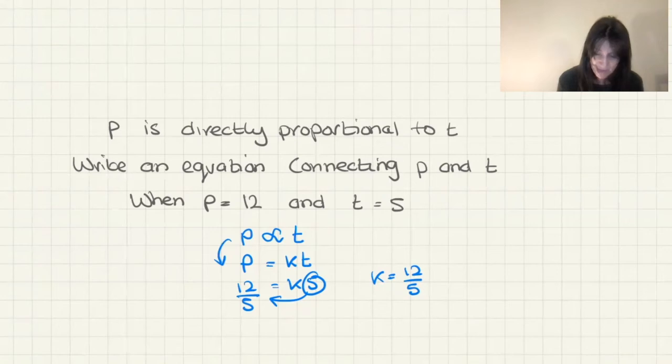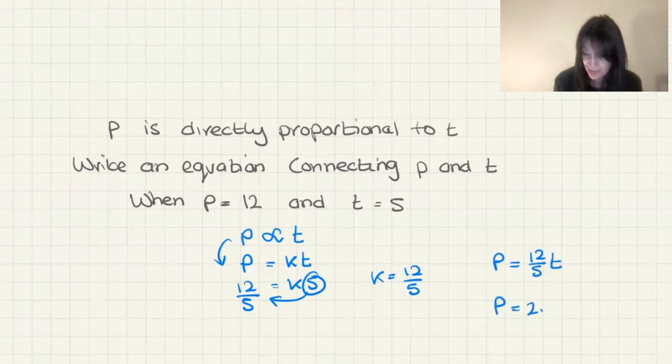So the rewrite on this is P equals 12 over 5 T, or you could do the decimal version, which is totally acceptable. They're equivalent to each other. Whichever you do is fine.